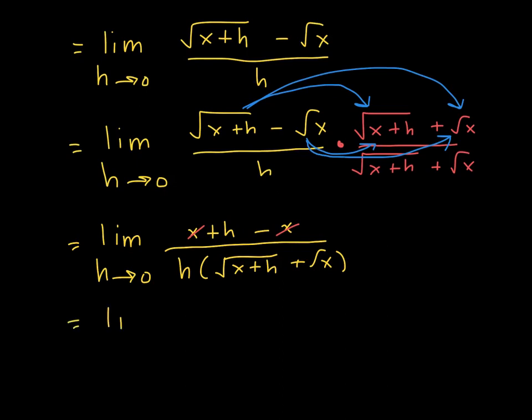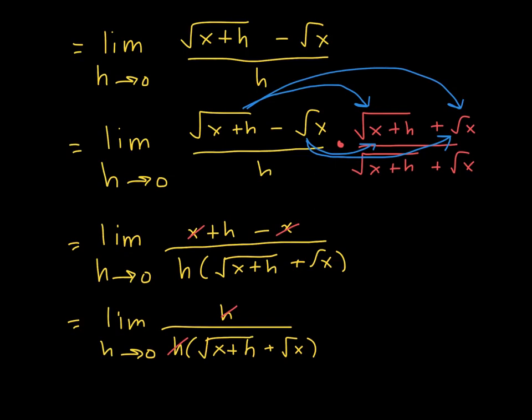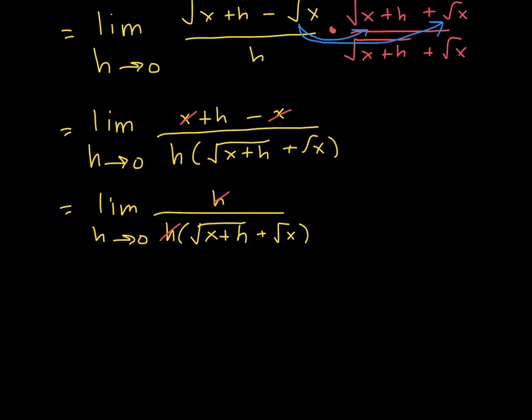And so you have the limit as h approaches 0 of h over h times the square root of x plus h plus the square root of x. And now I hope you see that the h in the numerator divides out with the h in the denominator. And so then what we're left with is that f prime, the derivative function, is the limit as h approaches 0 of 1 over the square root of x plus h plus the square root of x.